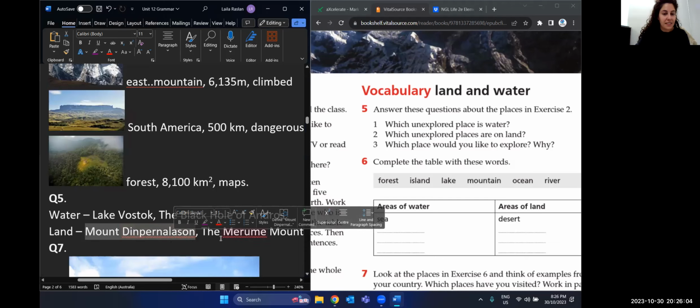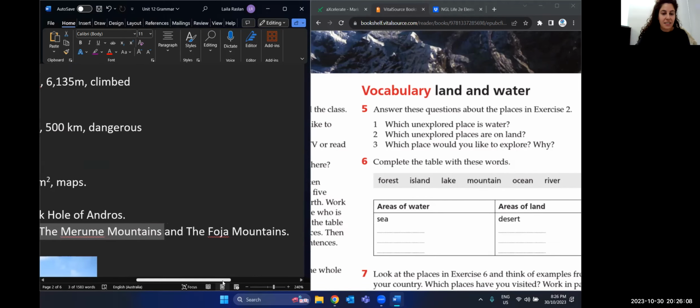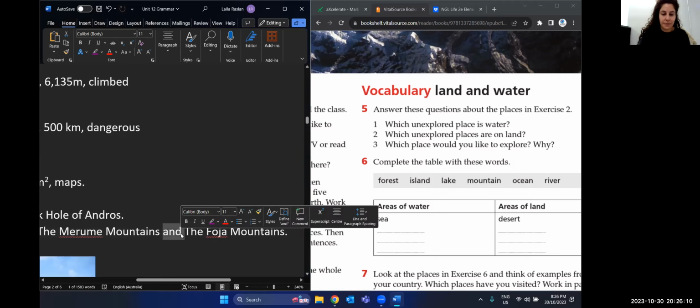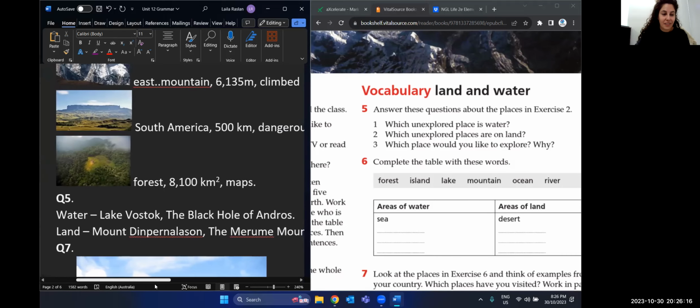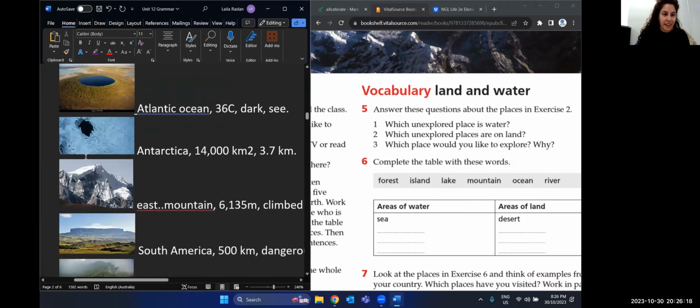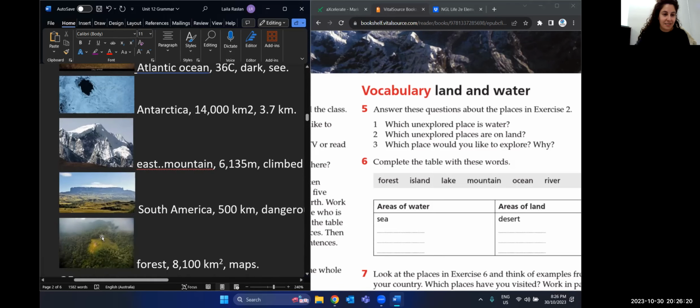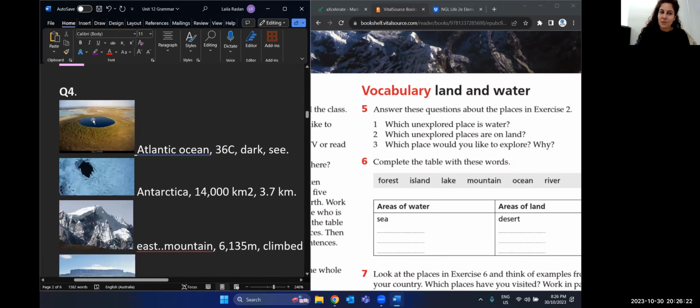Mount Dipernallison, the Meru Mountains, and the Foja Mountains. Which place would you like to go to? If you had to pick, I like this one. I think that's an interesting one. That lake in the Atlantic Ocean.